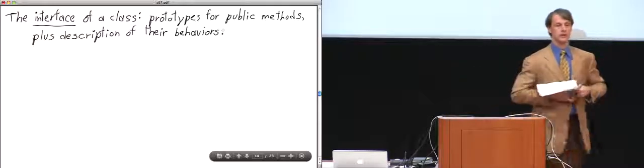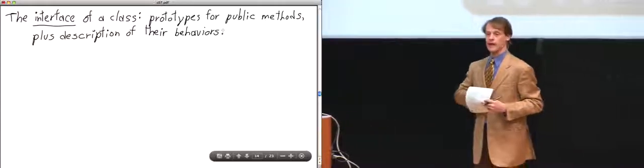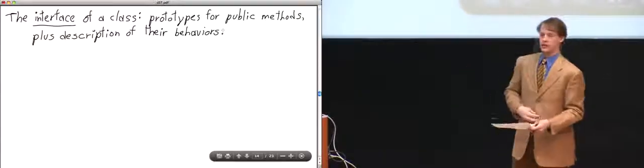So that the user who wants to use your date class can figure out how to use your date class and what each of the methods is supposed to do from a human understandable point of view.